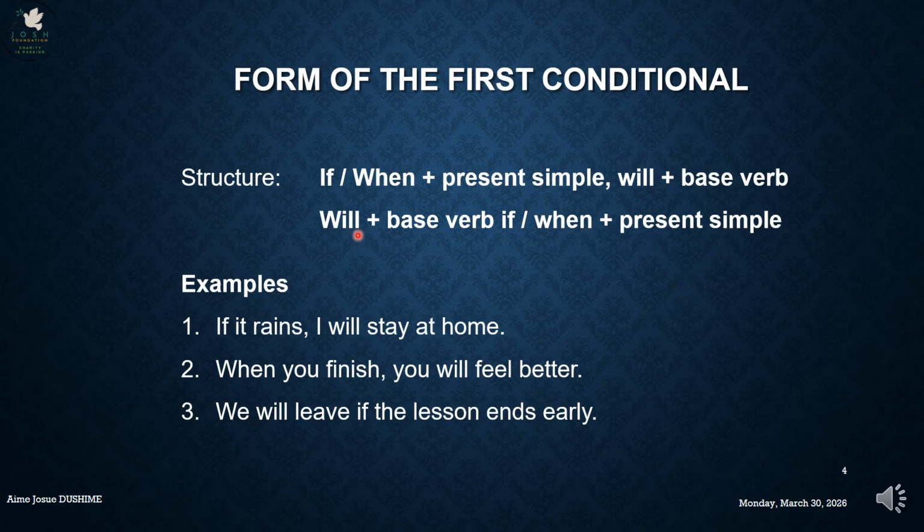When I start with a future clause, I don't put anything in between. If it rains, I will stay at home. When you finish, you will feel better. We will leave if the lesson ends early. You see, when I start with a future time clause, I don't put any comma here.